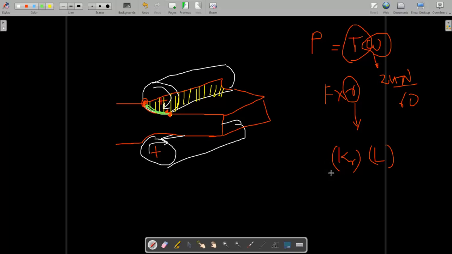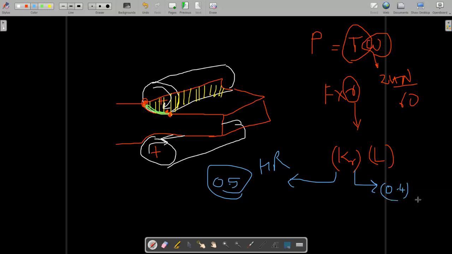Kr is the rolling constant, and we will take Kr equal to 0.5 in the hot rolling process, and 0.4 in cold rolling. Here nothing is mentioned about whether the process is hot rolling or cold rolling, so for simplicity we will take 0.5. Now what is the force?